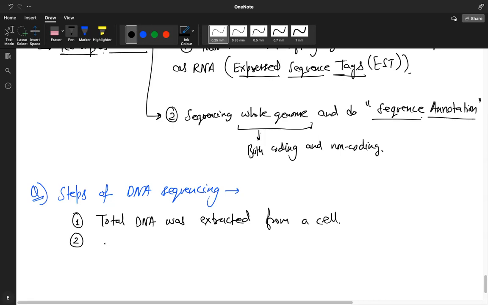Second, DNA was converted into random fragments.